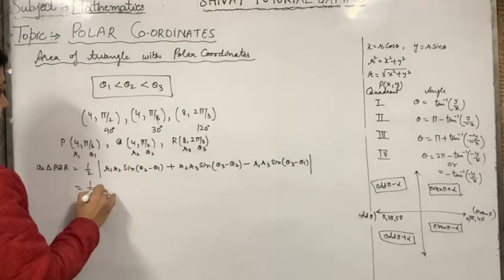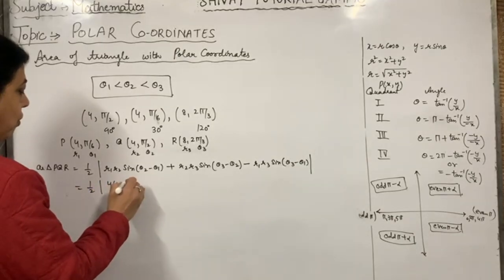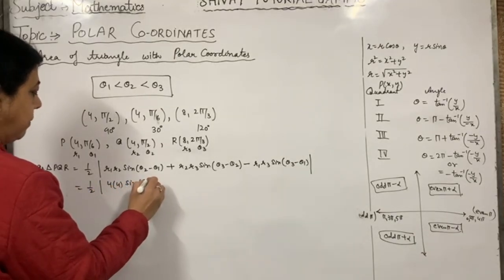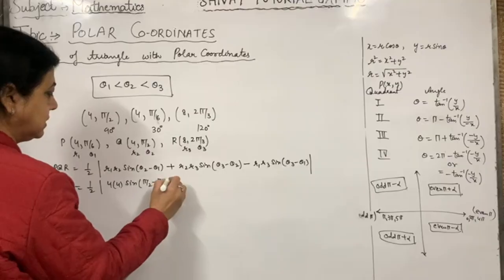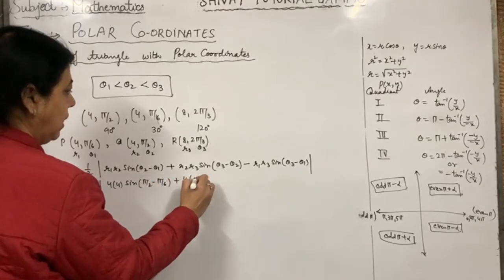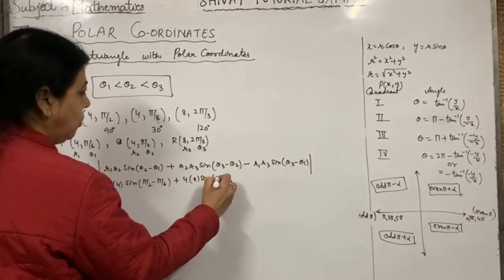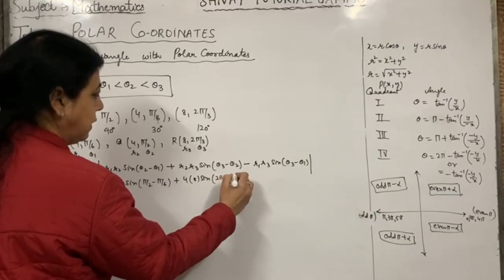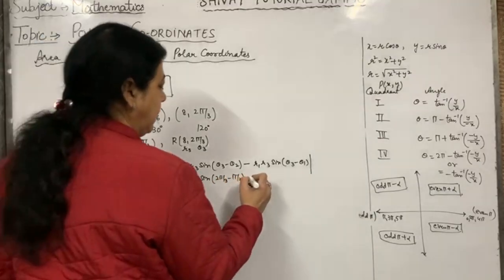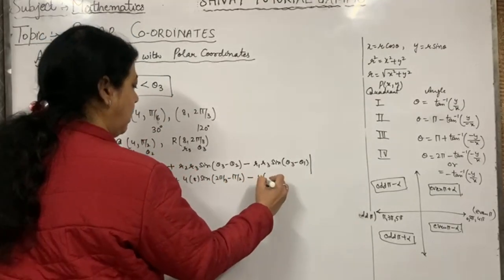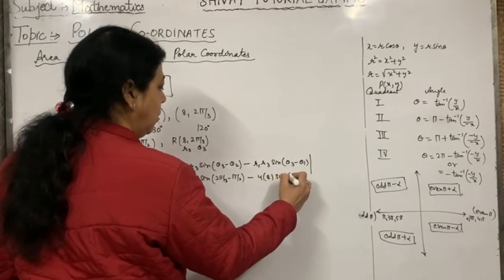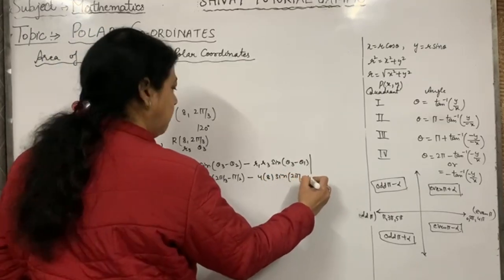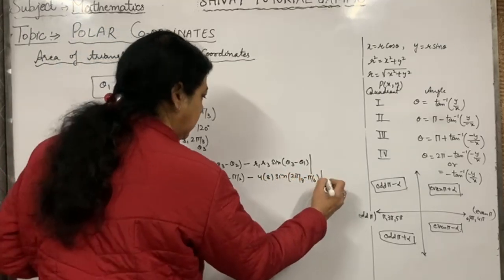Half of 4 times 4 sine of pi by 2 minus pi by 6, plus 4 times 8 sine of 2 pi by 3 minus pi by 2, minus 4 times 8 sine of 2 pi by 3 minus pi by 6. Clear?